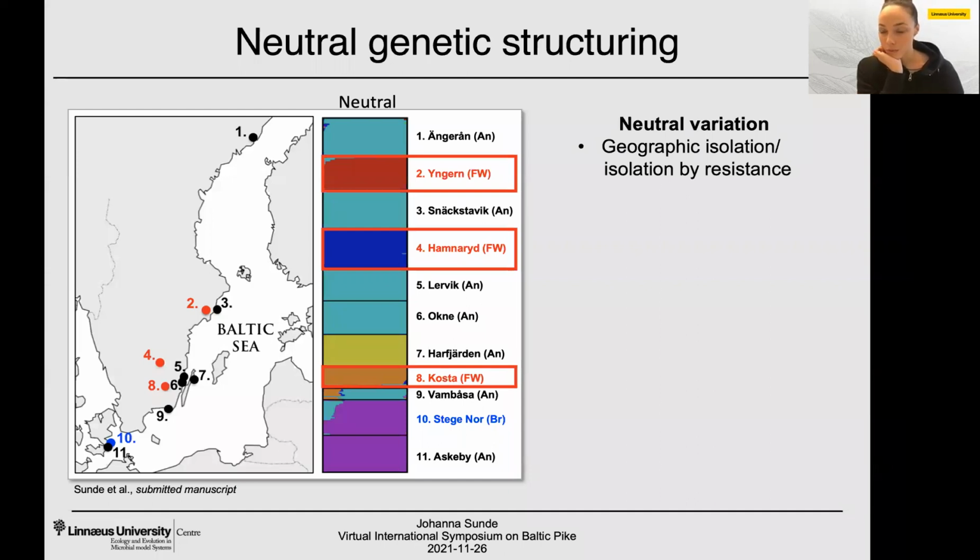One of the first things we can see is that the populations that are not really Baltic Sea populations, the freshwater populations spawning on the mainland, are highly differentiated from all the other populations, and they also form population-specific clusters. This indicates that geographic isolation, or isolation by resistance, which is dispersal barriers due to landscape features, is of high importance for the neutral variation.